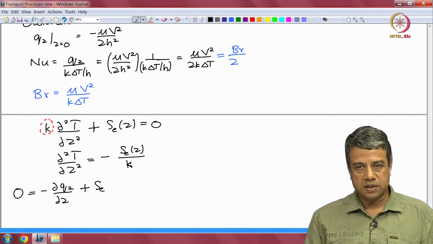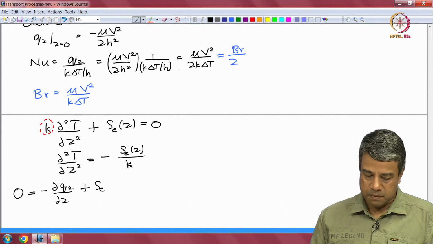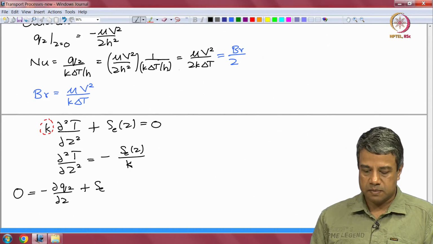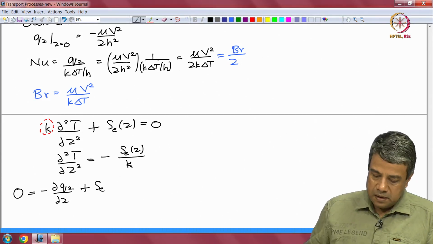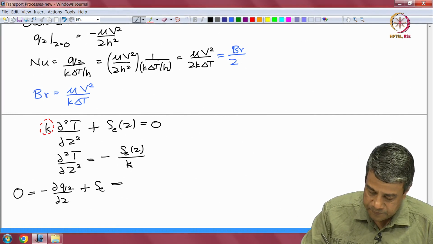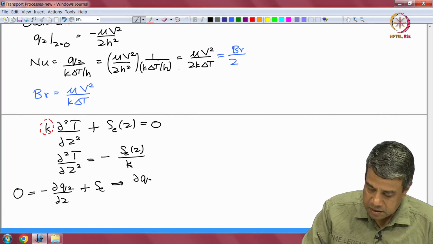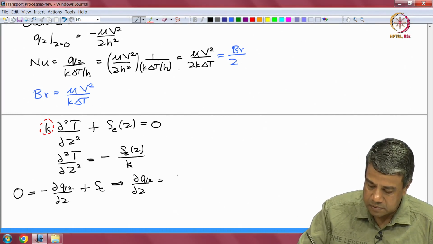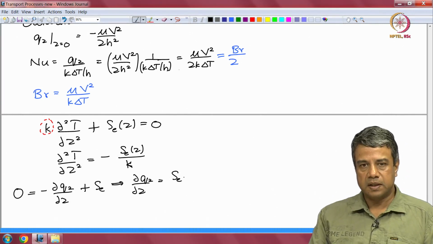Recall, for unsteady, rho Cp times partial T by partial t is equal to minus partial Qz by partial z plus Se, which means that partial Qz by partial z is equal to Se. Okay.